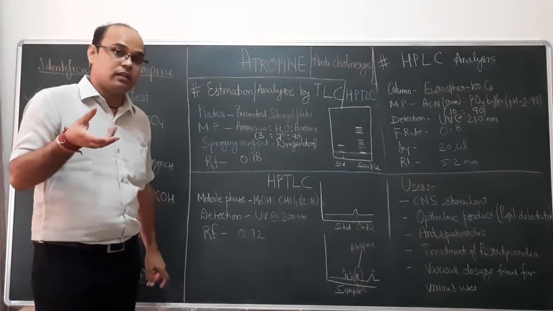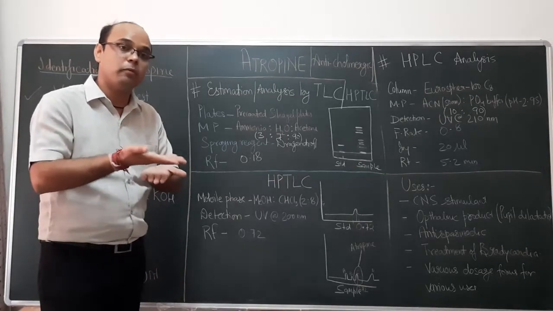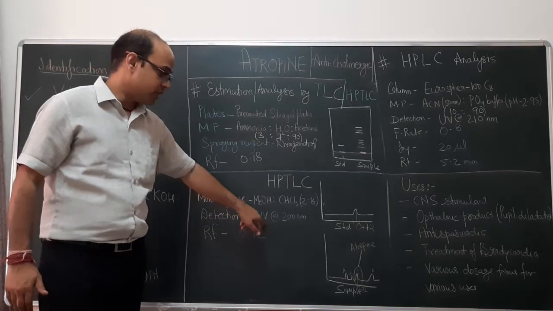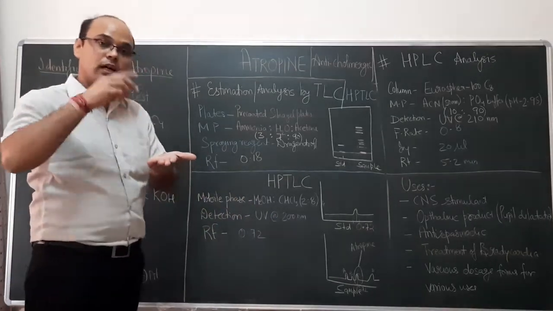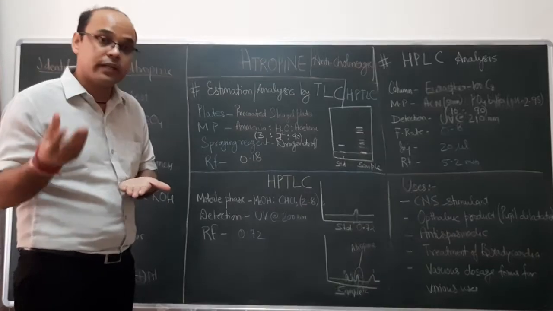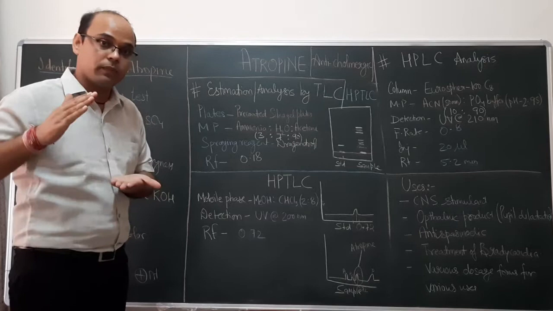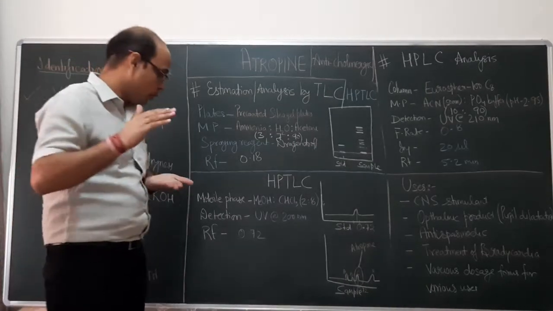UV is the detector or the scanner where we scan the developed plates in the HPTLC scanner. We have set the UV scanner at 200 nanometer to detect, and in the developed chromatogram you can easily identify the atropine.